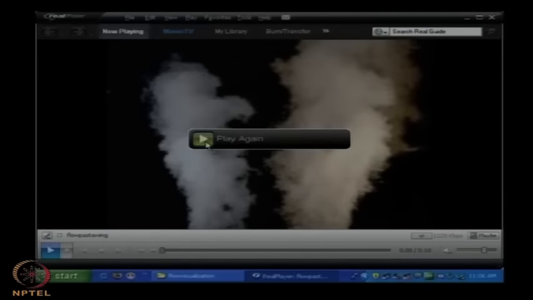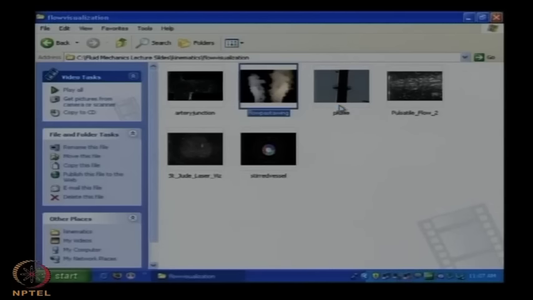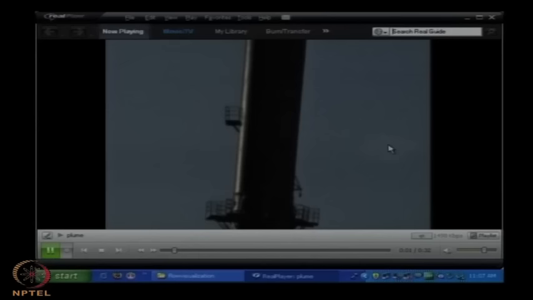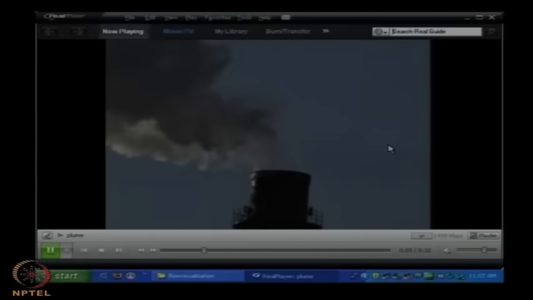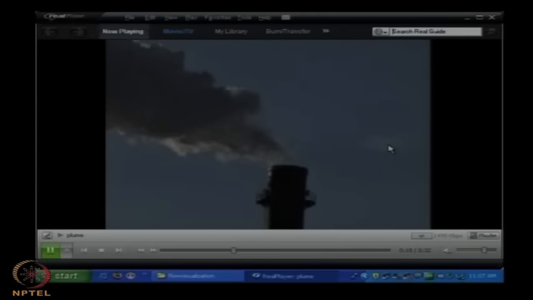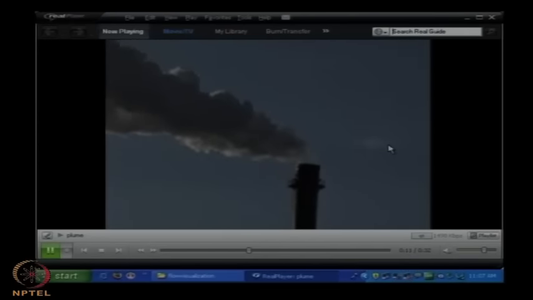So by illuminating with smoke, which is a natural emission, it is possible to visualize the flow at least qualitatively. The same type of thing is possible to be observed in the chimney of a power plant, and we have seen this example earlier when we were discussing the introductory concepts, and you can see that it also gives rise to a good visualization of the flow field.